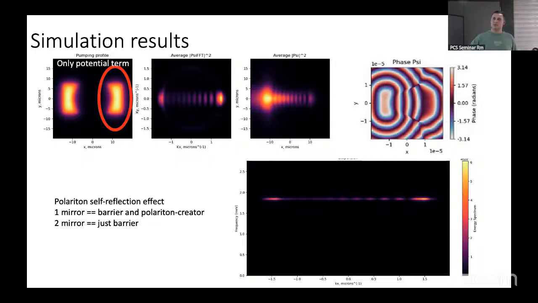It does not create polaritons. So we can see something like self-interference of the polariton wave, which goes to the potential barrier, reflects, and interferes with itself. Okay, it's just to view some simulation results.